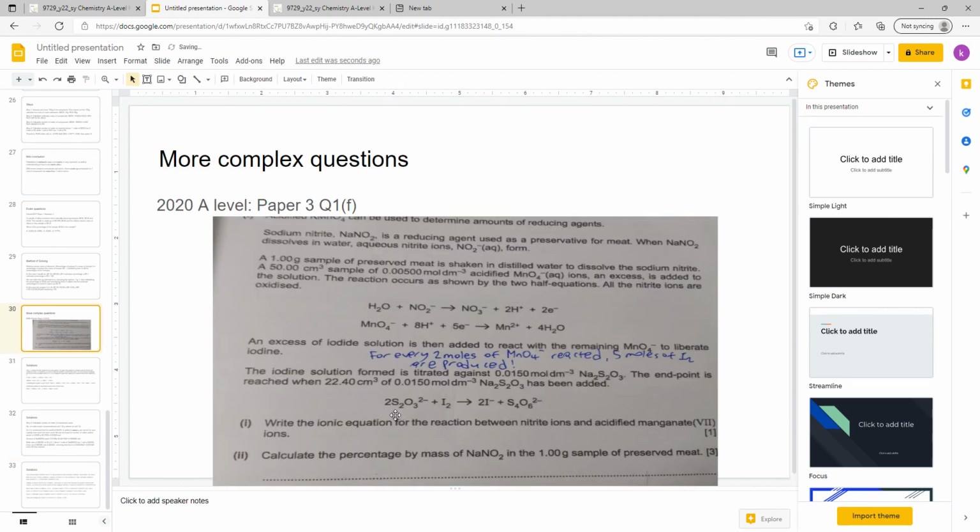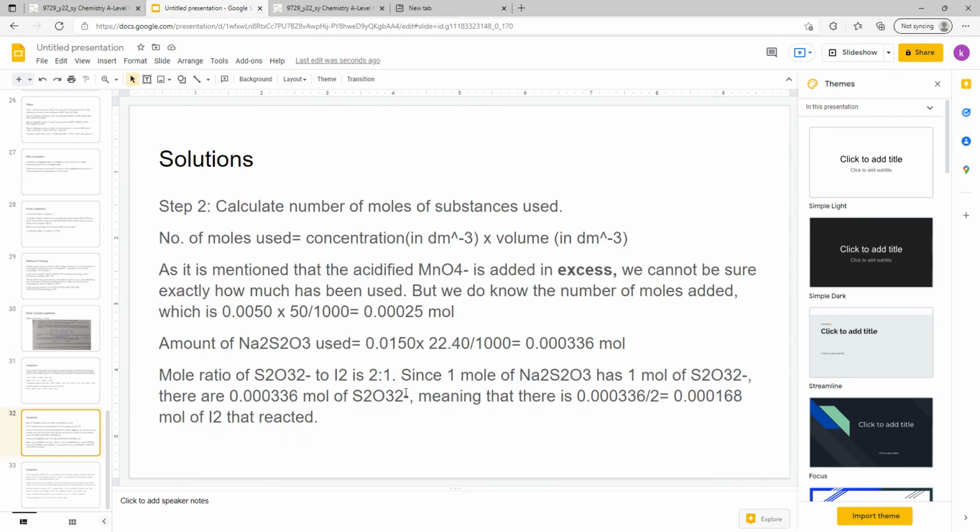And we observe here that for every 2 moles of S2O3 2- that react, 1 mole of I2 reacts. So, you might find it weird that they put it as S2O3 2- when we have Na2S2O3, but there's no need to worry because 1 mole of Na2S2O3 has 1 mole of S2O3 2-.